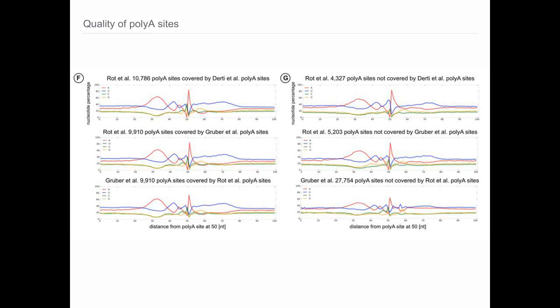But then you do further analysis to validate your polyA sites, and here we look at nucleotide frequencies. On the left side you see graphs from our data set of sites that we detected and that are also covered by other data sets, and you see an A enrichment upstream of the cleavage polyadenylation site, which is here in the center. And you also see a T enrichment downstream.